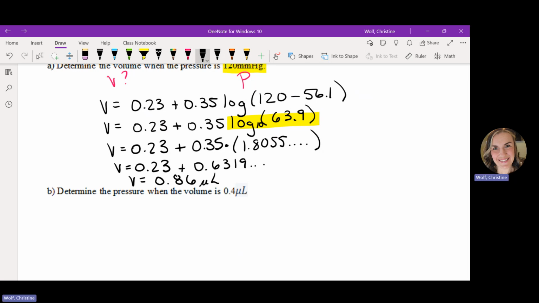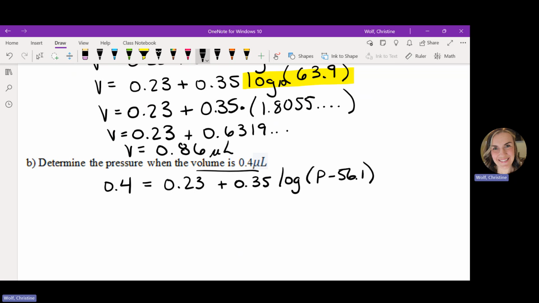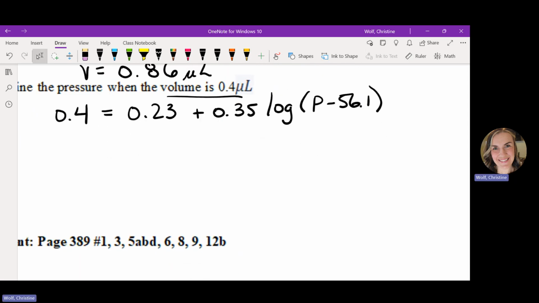Okay, and now let's do one the other way. This time I am giving you what the volume is. So your left side V is replaced with 0.4. We recopy the rest. This time I will still have that P in the bracket. I have to isolate the P. So if I am isolating P, I am going to start by getting rid of everything I possibly can.